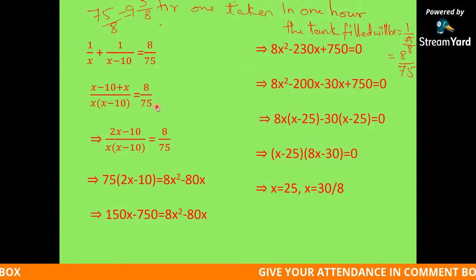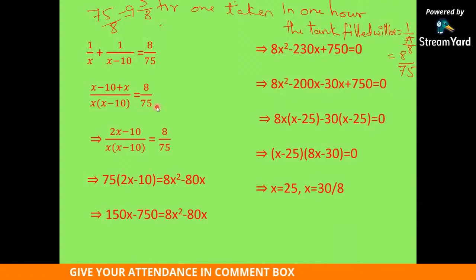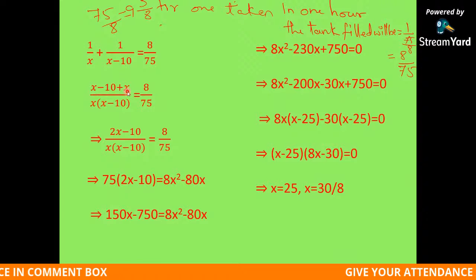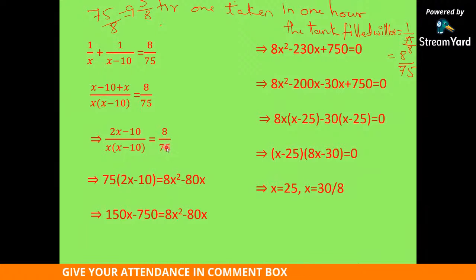Then after taking the LCM, you will get 2x minus 10 divided by x into x minus 10 is equal to 8 by 75. Right?